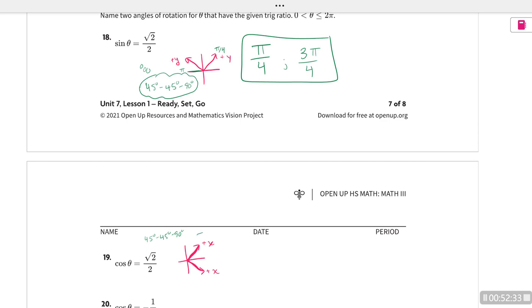So it's not going to change our first angle of pi over 4. That's going to stay the same. But this one is going to change. We're pi over 4 below 2 pi, or I like to think of it as pi over 4 below 8 pi over 4, which gives us 7 pi over 4.